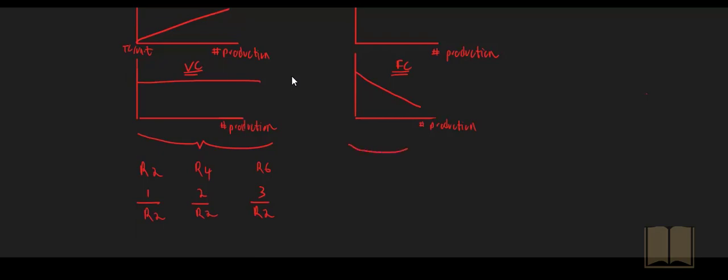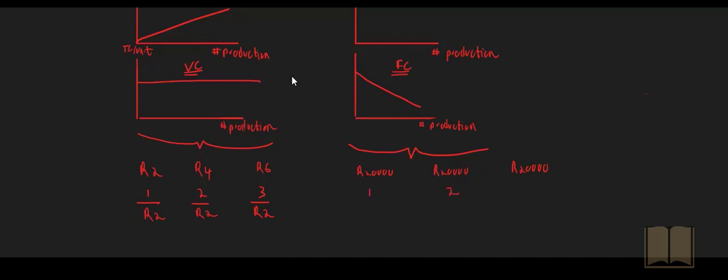Now the graph on a per unit basis for fixed cost is a decreasing graph. Again, let's have a look at an example. Think of rent. Rent is a fixed cost and rent is 20,000 Rand. It will always be 20,000 Rand.